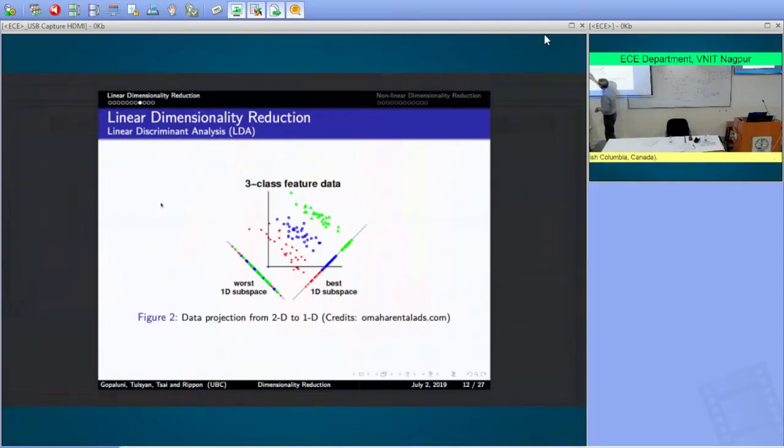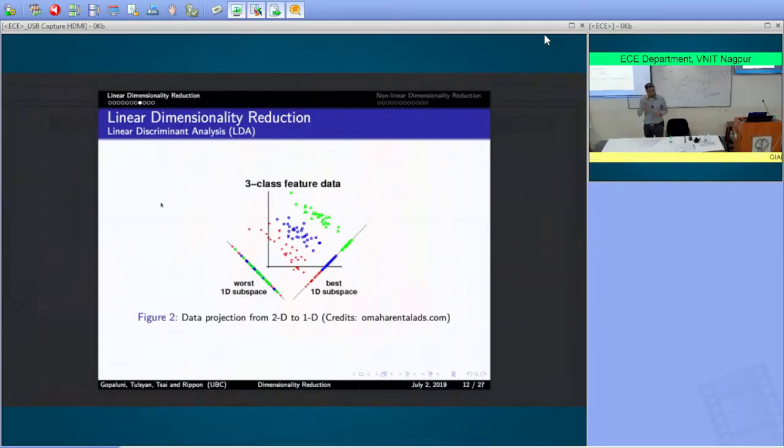If I find a line over here and then project all of this data onto this line, you will see a mixture like this. That's very difficult to separate. So you can't find boundaries between different classes, and this is not an ideal straight line. But on the other hand, if I choose this straight line and project them onto it, I have clear separation between these 3 data points.